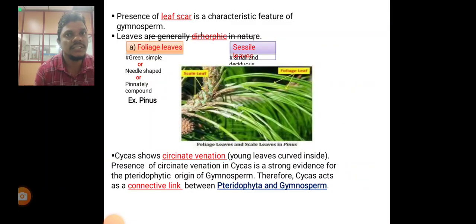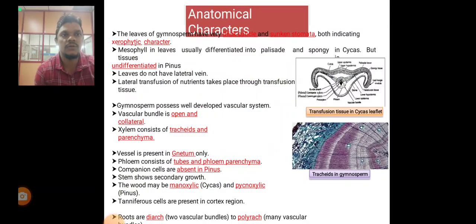Foliage leaves are green, needle shaped and minutely compound, as in Pinus, which has foliage leaves and scale leaves. Cycas shows circinate venation, with young leaves curved inside. The presence of circinate venation in Cycas is strong evidence for the pteridophytic origin of gymnosperms. Therefore Cycas acts as the connecting link between pteridophytes and gymnosperms.